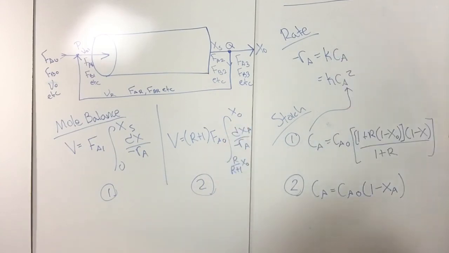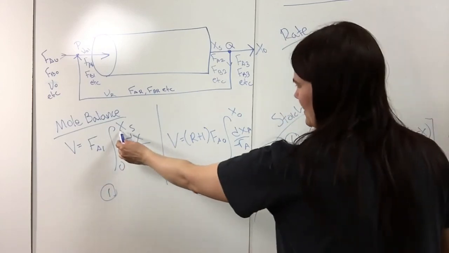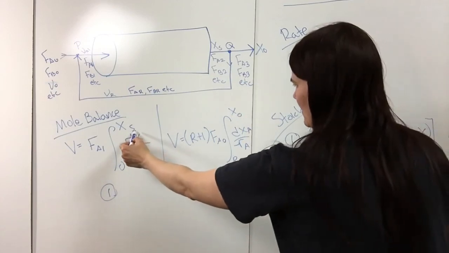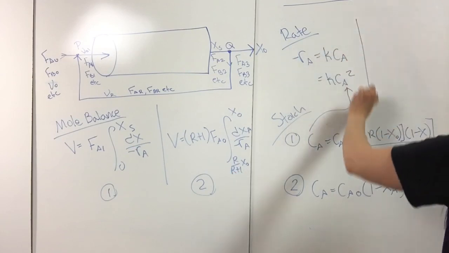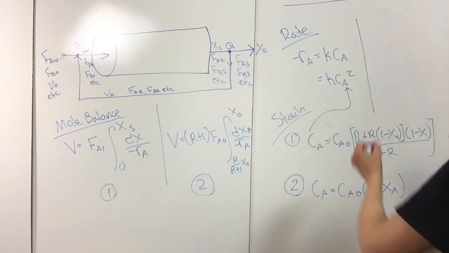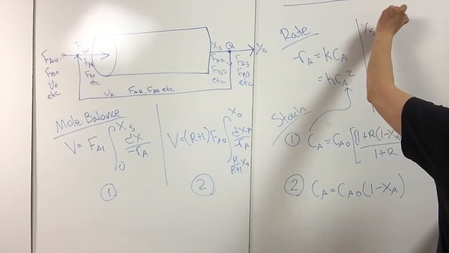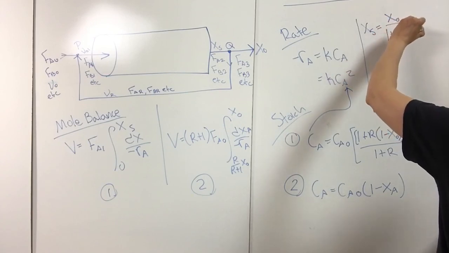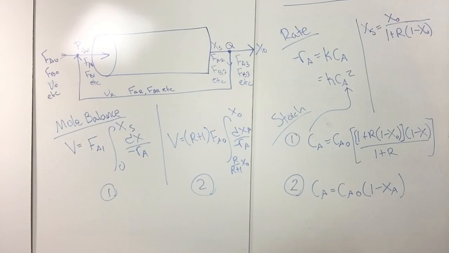And so then once you integrate, if you're using, say, this equation where you have the XS, because you're integrating to XS, this is where you need the relation for XS to X naught. So once you integrate that, then you would plug in, you know that XS is equal to X naught over 1 plus R times 1 minus X naught.